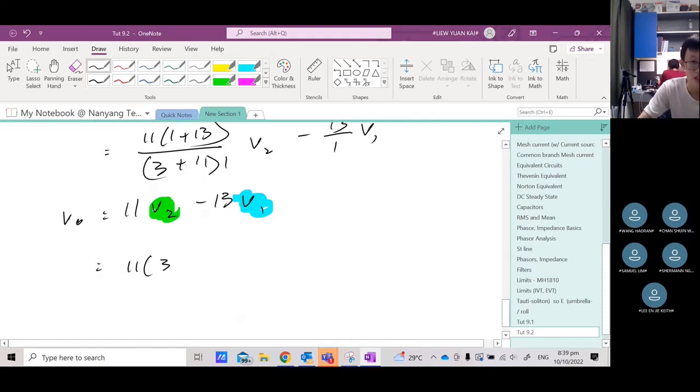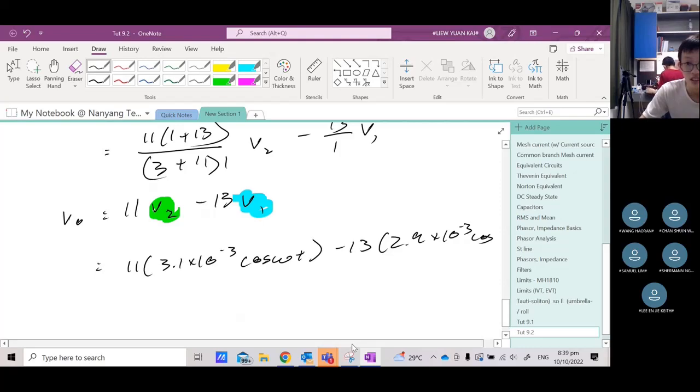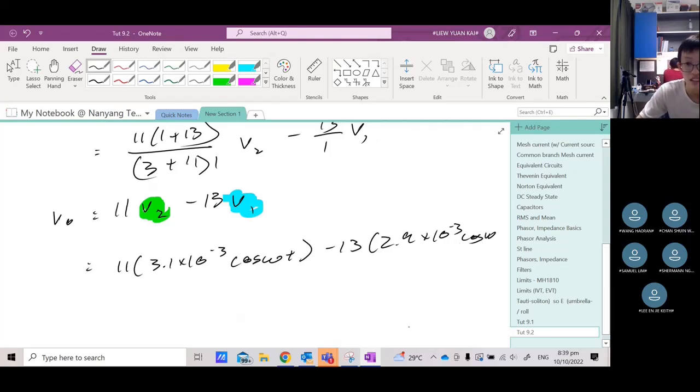You should get 11 times 3.1 times 10 to the power of negative 3 cosine omega t, minus 13 times 2.9 times 10 to the negative 3 cosine omega t. So you take this times this, this times this, and then because both of them are cosine omega t, you can just add up their coefficients.